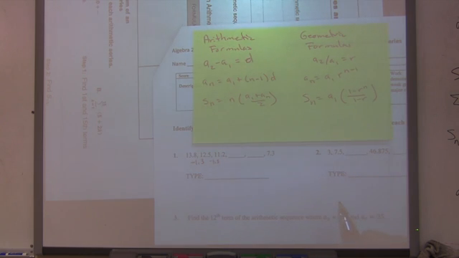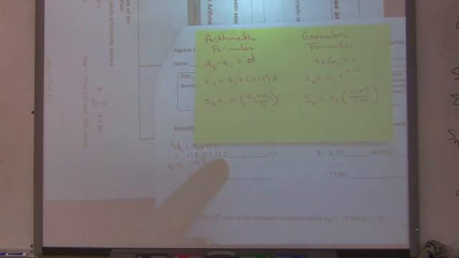So if you did the geometric, so this was my A2 minus A1. If I did my A2 divided by A1, we get 0.905797. But anyway, if I take 12.5 times that, I get 11.3, not 11.2.